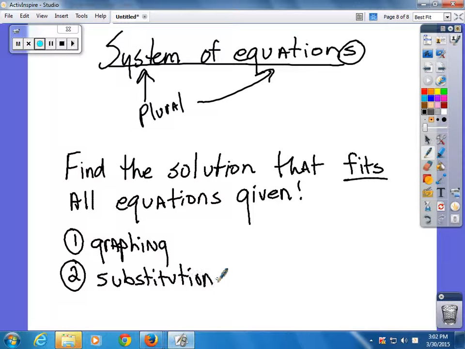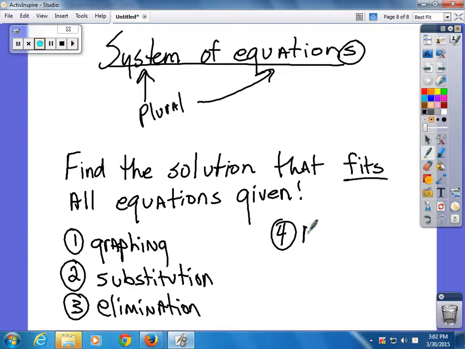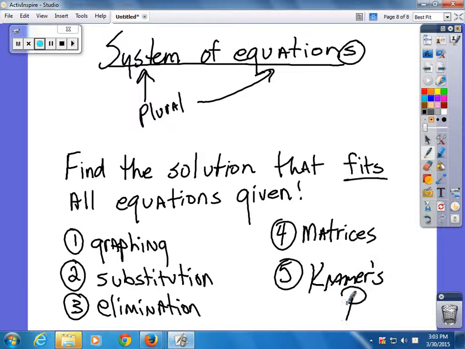And the third way is by elimination. We will also study matrices and Cramer's rule.